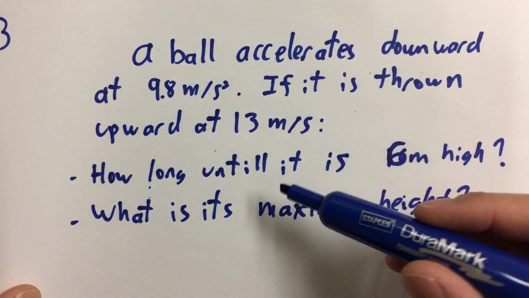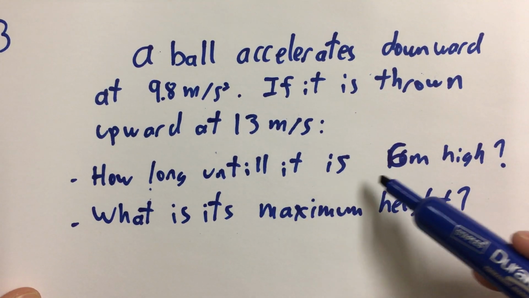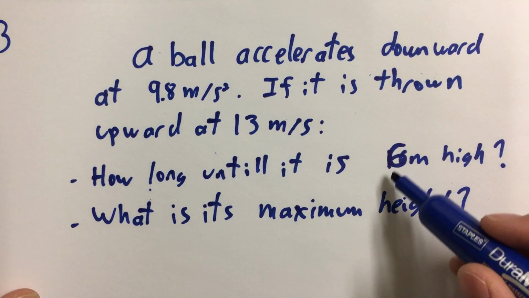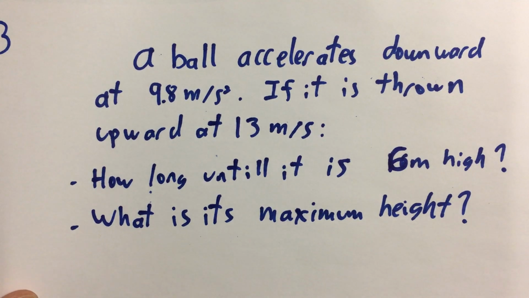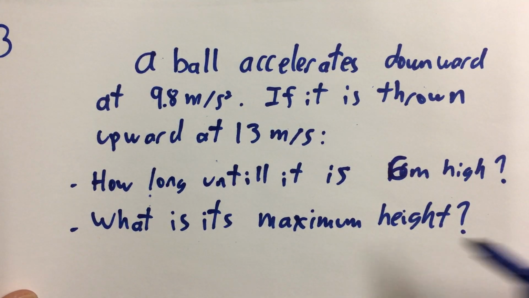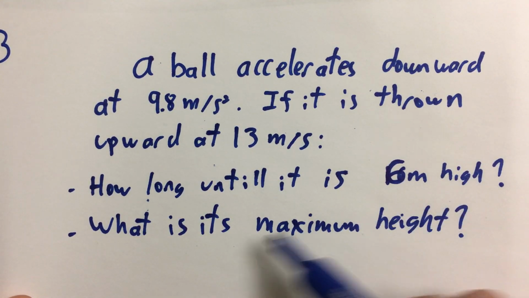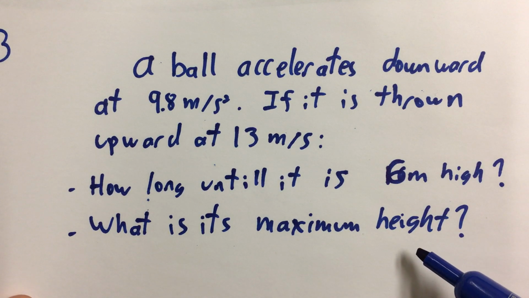If this ball is thrown upward at 13 meters per second, how long until it's 6 meters high? I initially put 16 meters high, and then I ran the numbers and realized it won't actually get that high, so change the question to 6. How long will it take for this ball to become 6 meters high? And what is its maximum height?